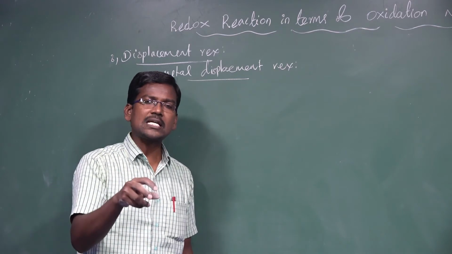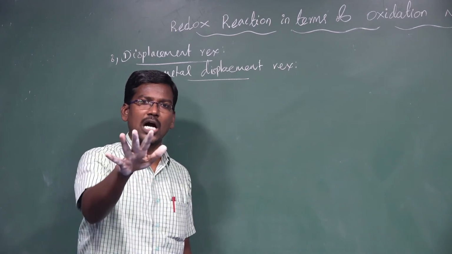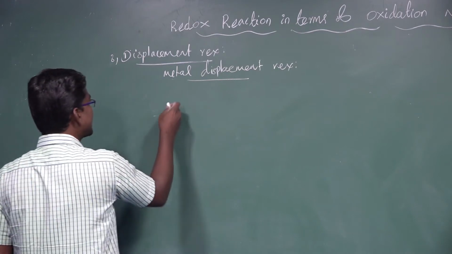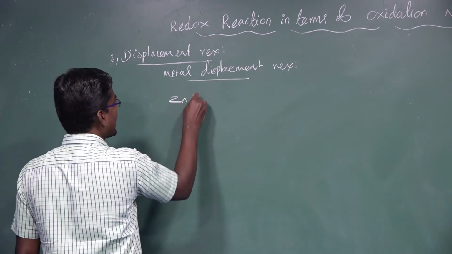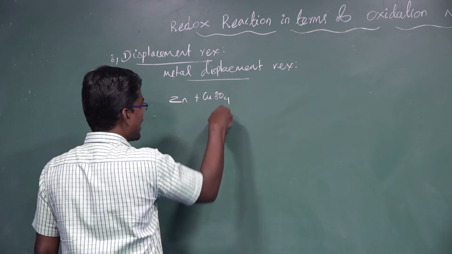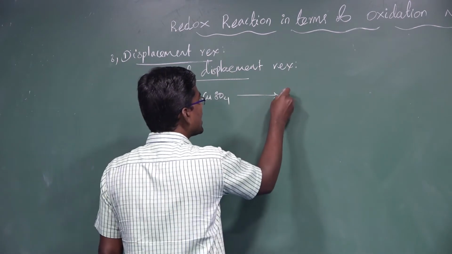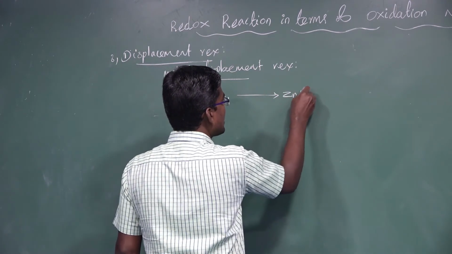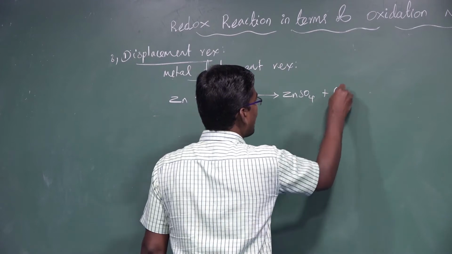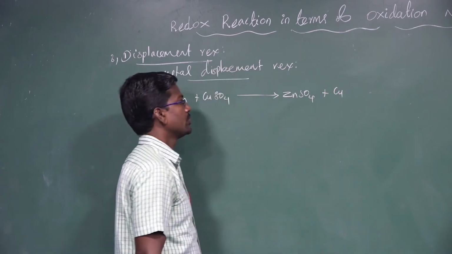Here, zinc metal displaces the copper from copper sulfate solution. Zinc metal dipped in copper sulfate forms zinc sulfate, ZnSO4, plus copper metal. Copper is removed.